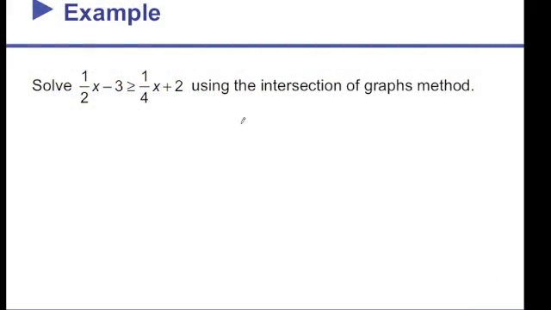Here's an inequality we're going to do with the intersection of graphs method. The left side becomes my y1, and the right side becomes my y2. I'll graph that and then find where they intersect.